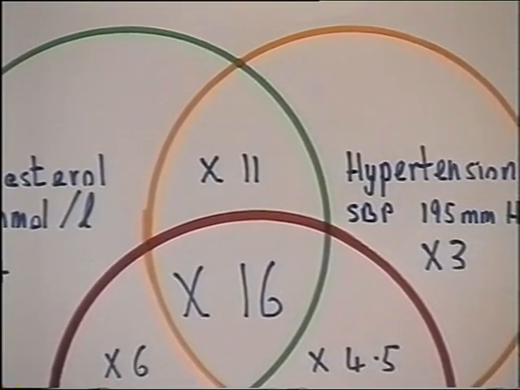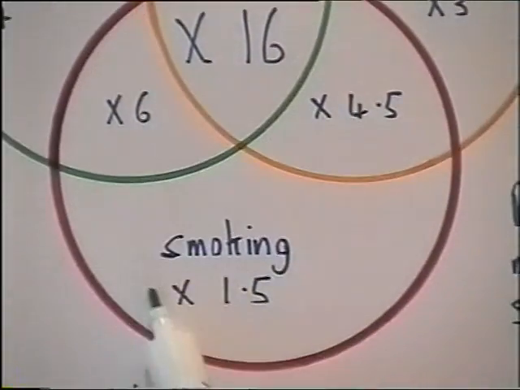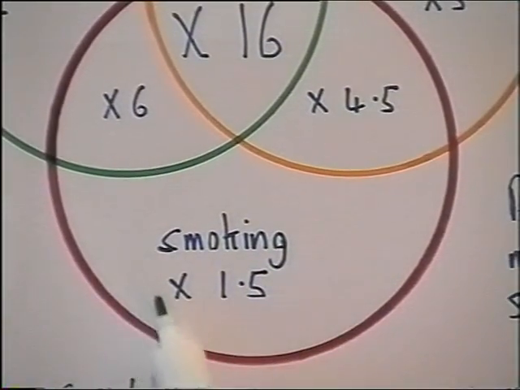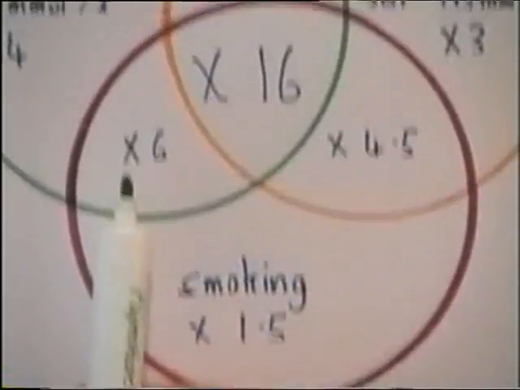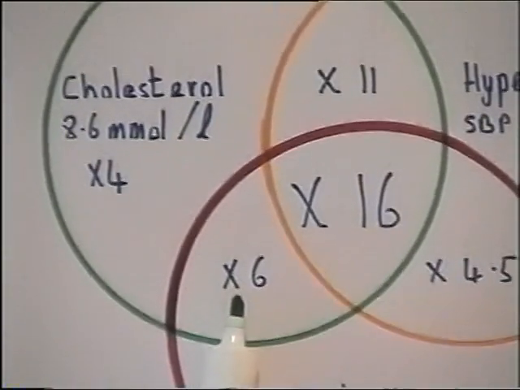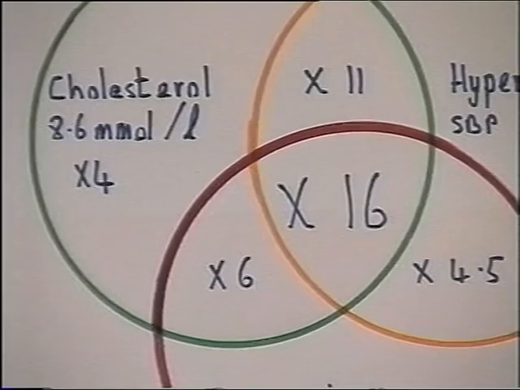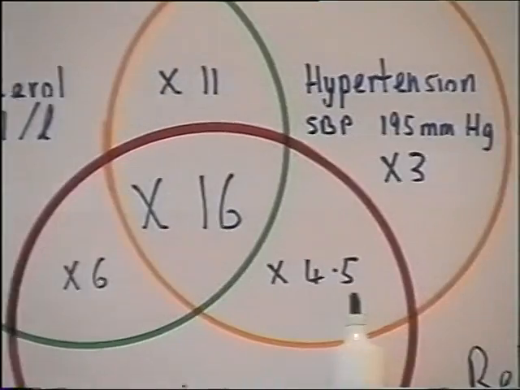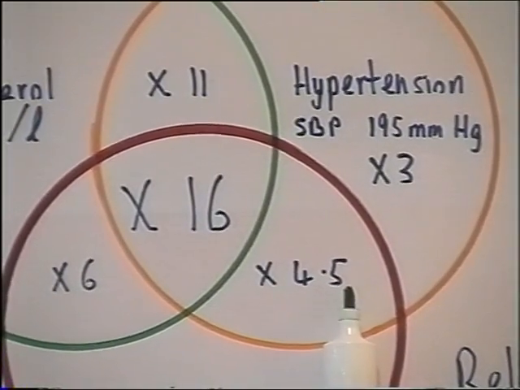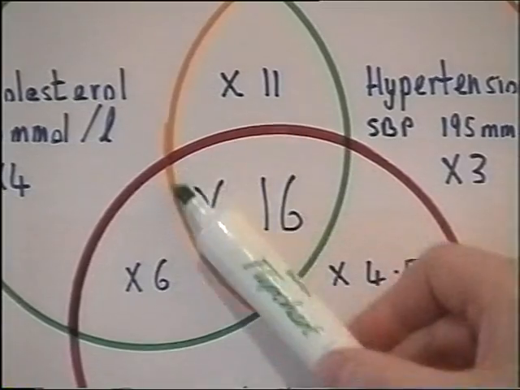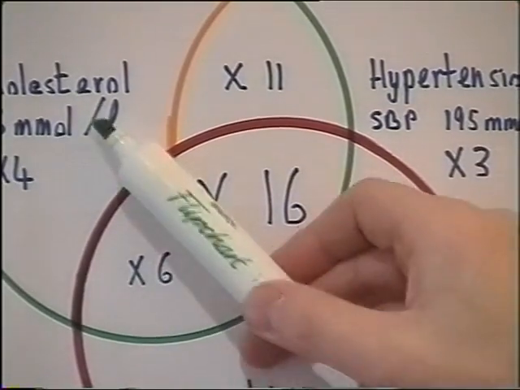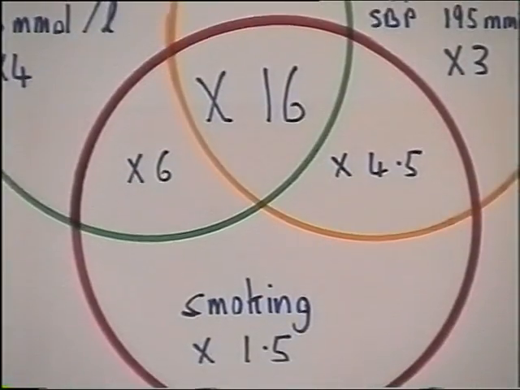Again, if someone smokes, then the probability of them developing coronary heart disease is probably 1.5 times greater. But if you smoke with high cholesterol, it becomes 6 times greater risk. If you smoke with hypertension, it becomes 4.5 times greater risk. If you've got all 3 risk factors, high cholesterol, hypertension and smoking, then the risk is greatly increased.